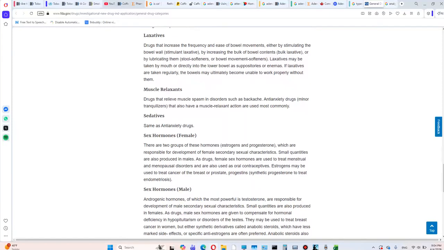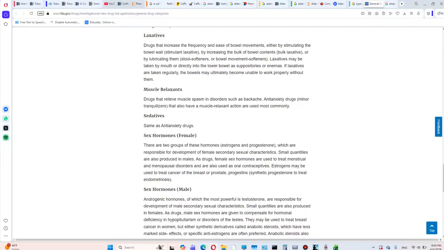Laxatives. Drugs that increase the frequency and ease of bowel movements, either by stimulating the bowel wall (stimulant laxative), by increasing the bulk of bowel contents (bulk laxative), or by lubricating them (stool softeners, or bowel movement softeners).